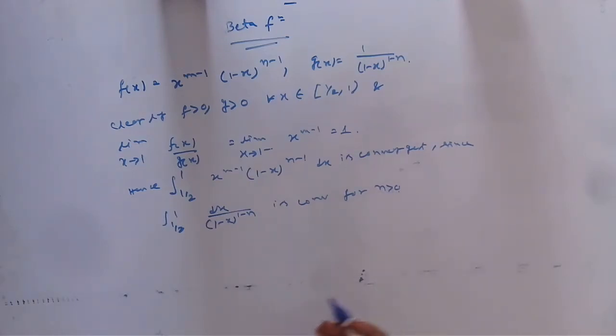So combining the previous and this result, we get that integration 0 to 1 x to the power m minus 1 (1 minus x) whole to the power n minus 1 dx is convergent for m greater than 0 and n greater than 0.